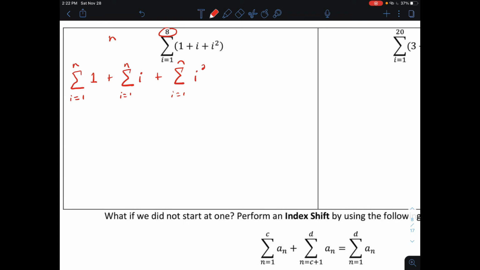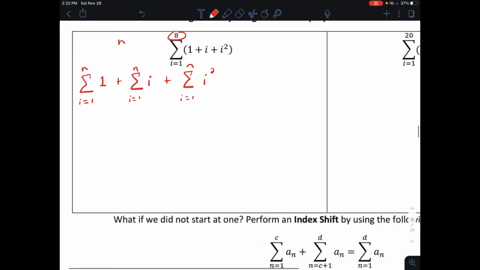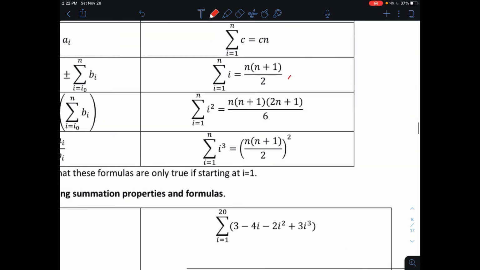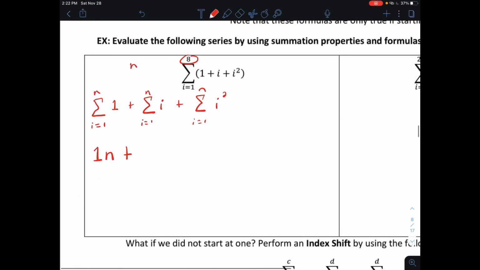I'm going to replace all of these with their summation formulas. Well, the first summation formula we have is if we're finding the sum of a constant from I equals 1 to n, its sum is going to be equal to that constant times n. Now, all of these summation formulas are based on the bottom number, our index number, being a 1. Plus the summation of just I: according to our chart, the summation of just I is going to be n times n plus 1 over 2.